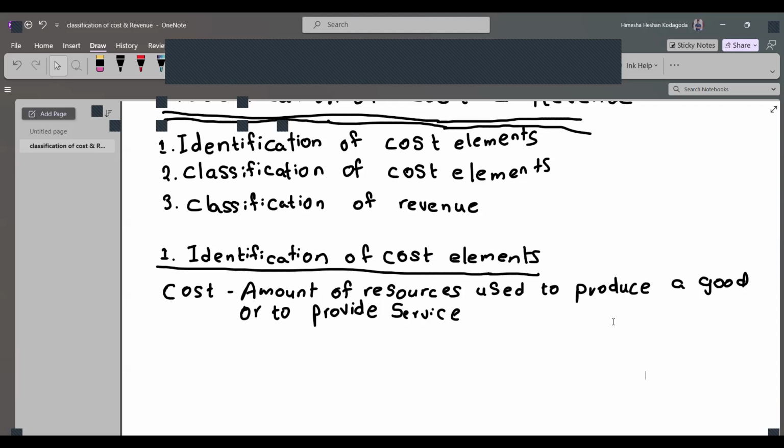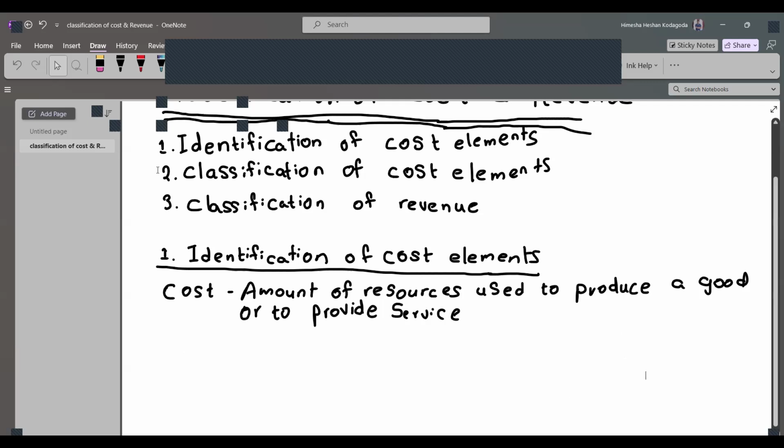Now, to calculate this total cost, we can divide it into elements by considering the contribution to different costs. We calculate each of these costs by the contribution, right?